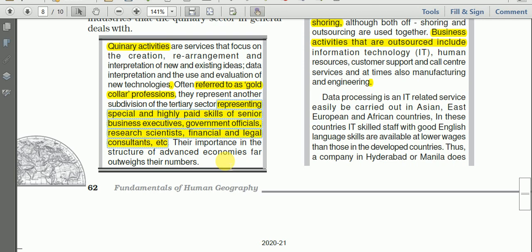Say for example, the Comptroller General of India, the highest level policy maker regarding finance. So like that, quinary activities represent the highest level policy makers, and they are highly paid skills of these different work categories.